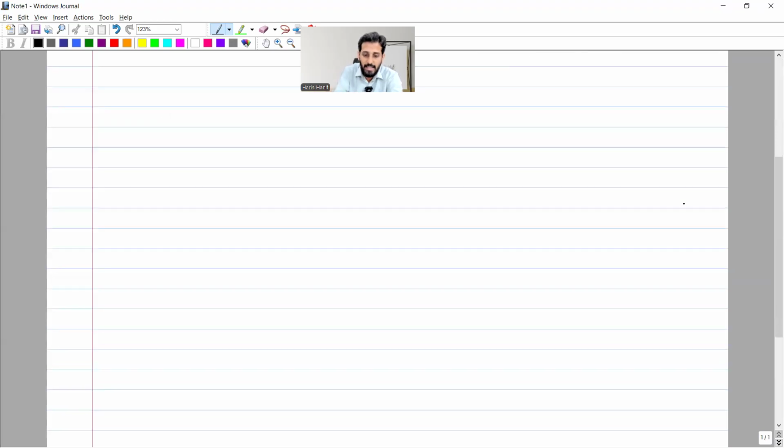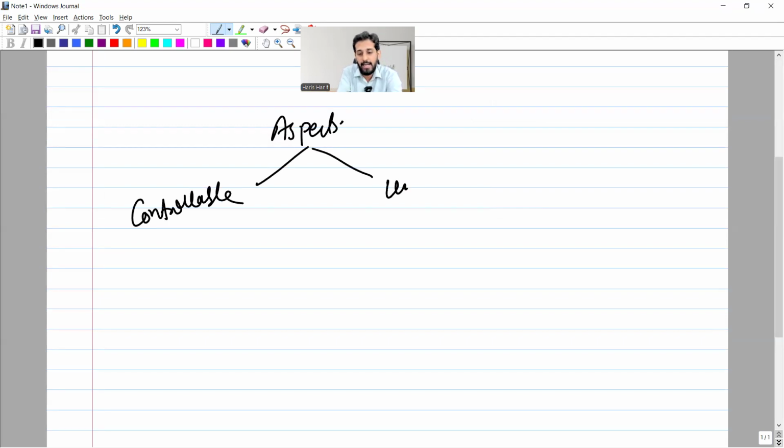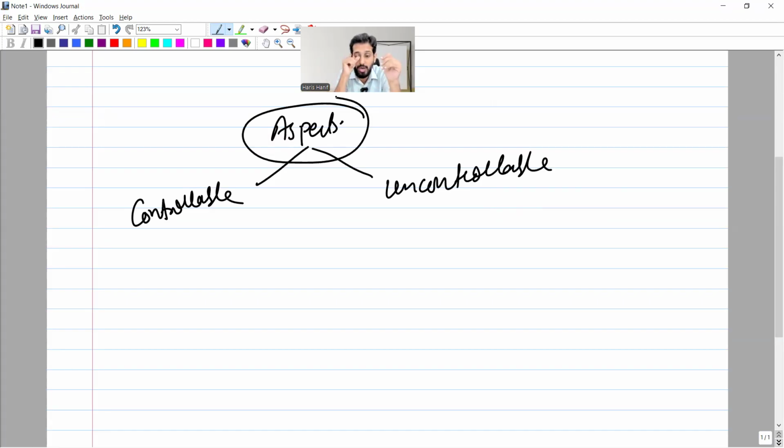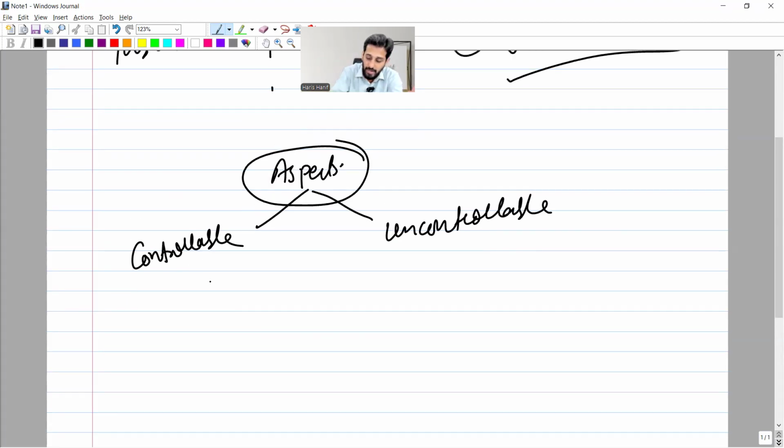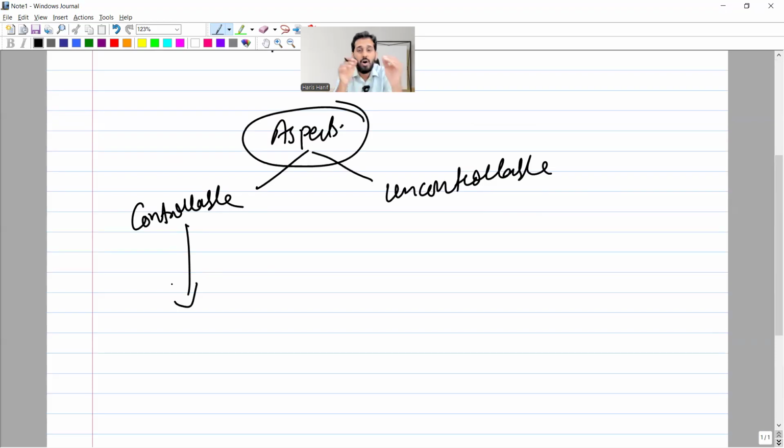Now let's see that there are two aspects. One is controllable and another one is uncontrollable. What is the identification criteria? Controllable factors are those factors on which you have to take the decision. So in a shortcut way, I'm writing decision making aspect.